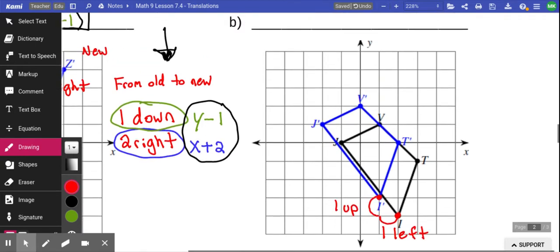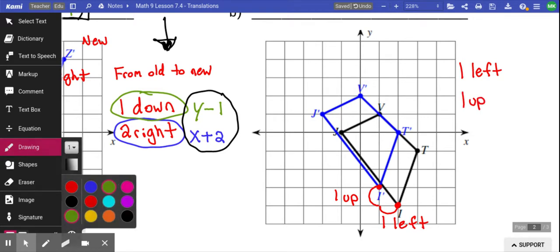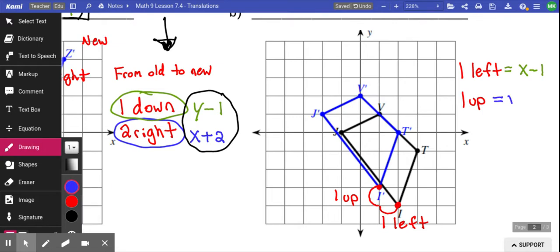To me, it's easiest to start with words. So 1 left, 1 up, and then turn that into mapping notation. If I wanted to represent 1 left, left is my X's, so I have X, and because it's left, it's minus 1. If I look at my up, is Y values, right?